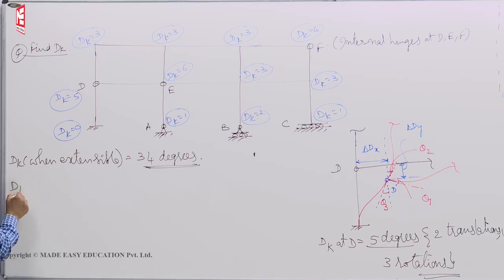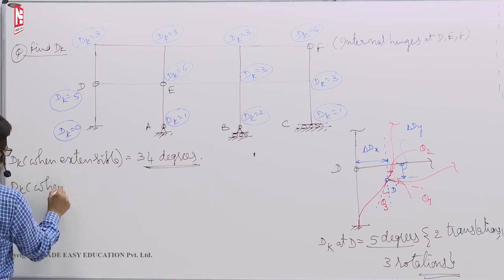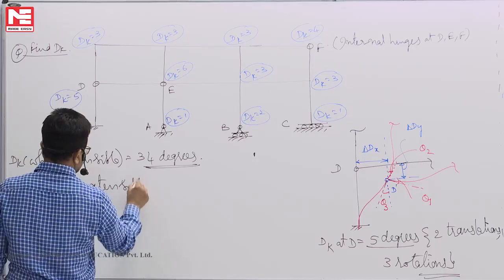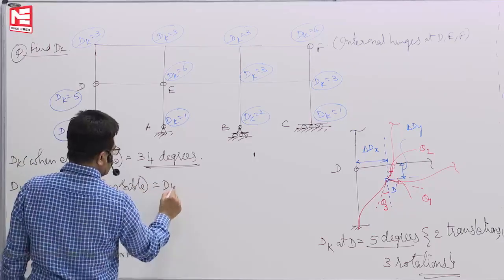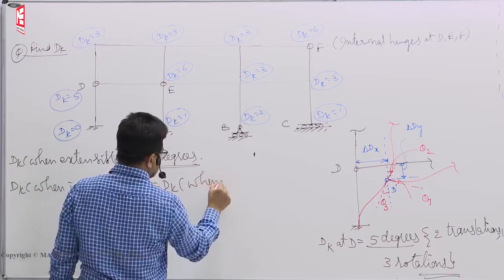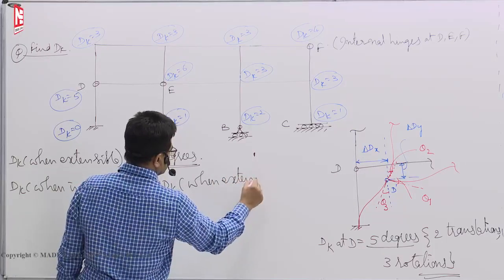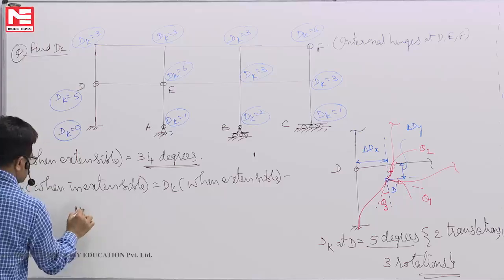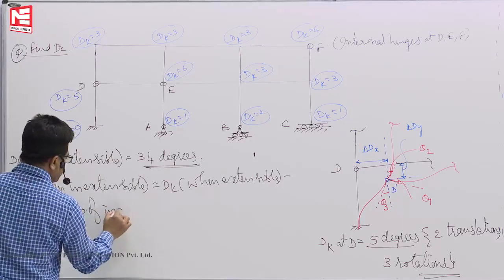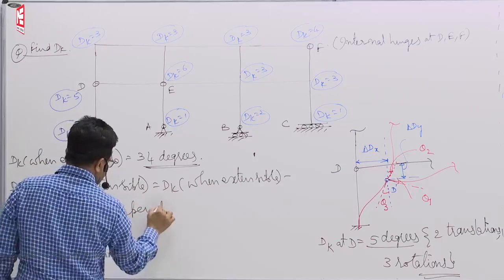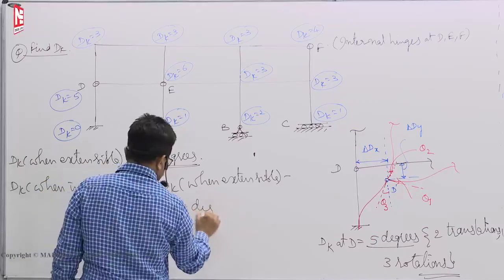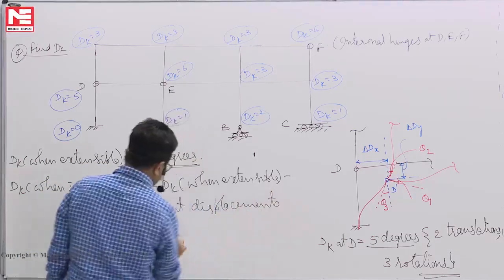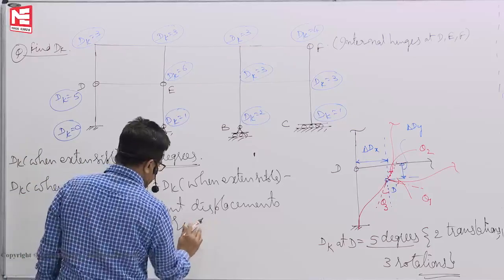Now dk when inextensible. So general case, dk when extensible, minus number of independent displacements prevented.